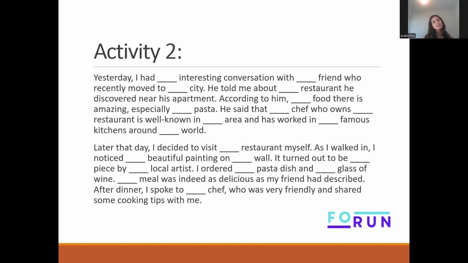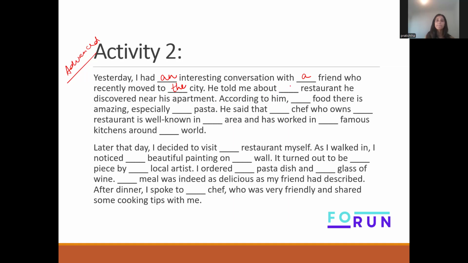Now, these were just sentences. We also can get it in a paragraph format, right? So this will have some context related to it, and it is going to be more advanced. This is an advanced activity. So: yesterday I had an interesting conversation with a friend who recently moved to the city.